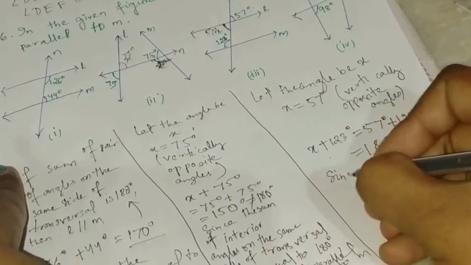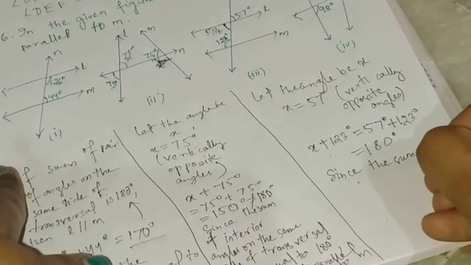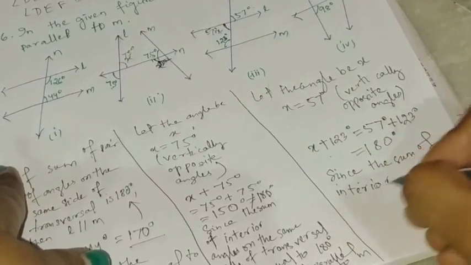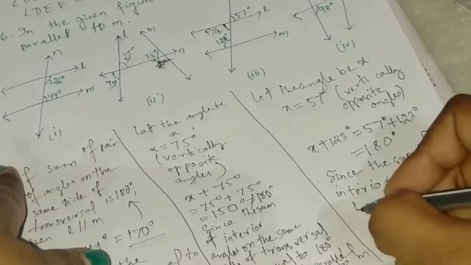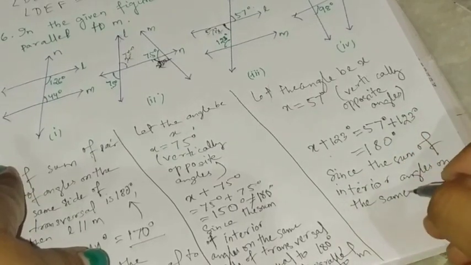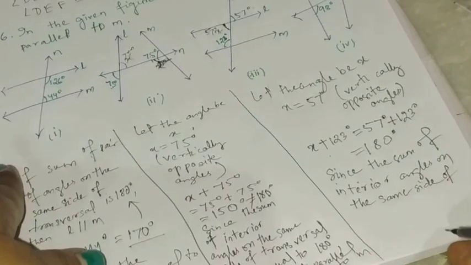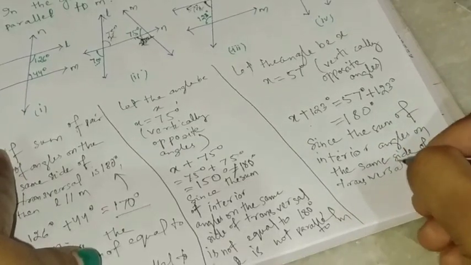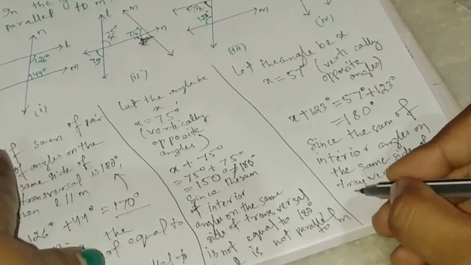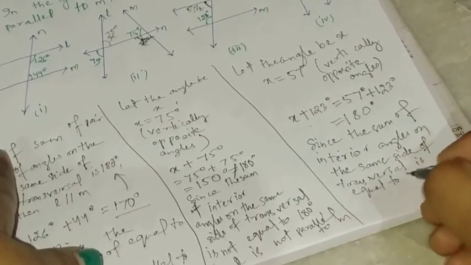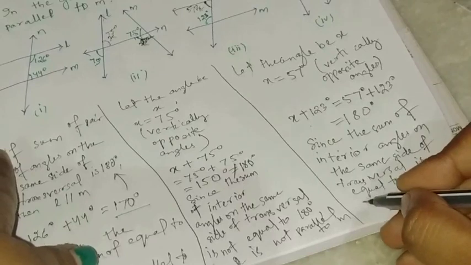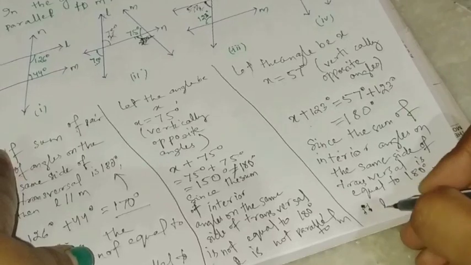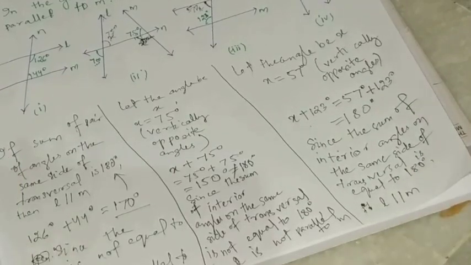So since the sum of interior angles on the same side of the transversal is equal to 180 degrees, hence L is parallel to M. Okay.